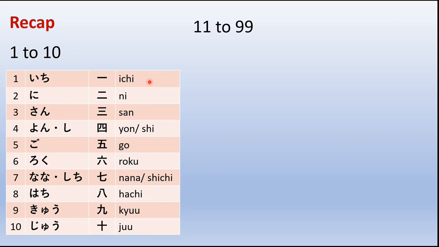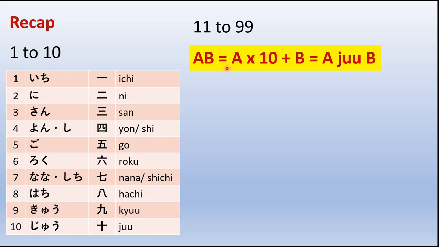So now let us see how we form two-digit numbers using these numerals 1 through 10. This is the formula. We all know that a two-digit number AB can be expressed as A cross 10 plus B. A is the face value of the 10th place and B is the face value of the units place.